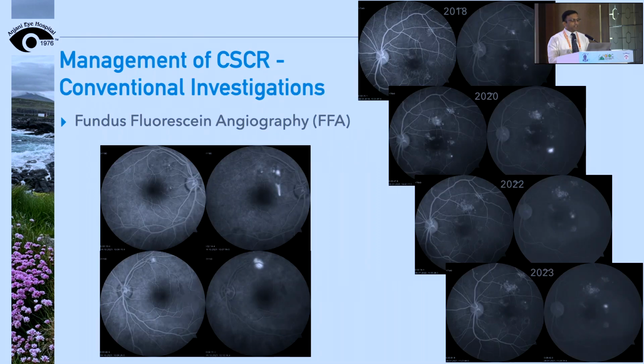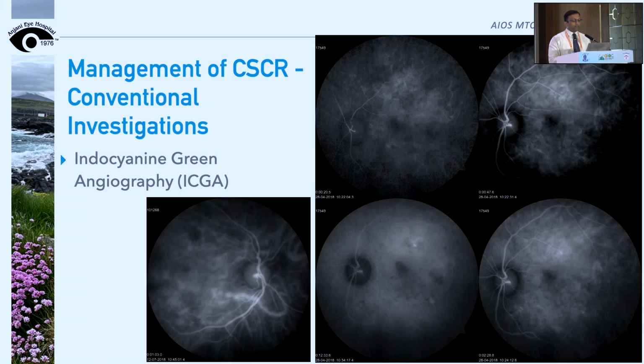So conventional management, we have conventional investigations like the fundus fluorescein angiography showing ink blot leaks or smokestack leaks, which is the most conventional one. The other one which we have recently come across is the indocyanine green angiography, which shows hotspots and also shows the vasculature of the choroid.